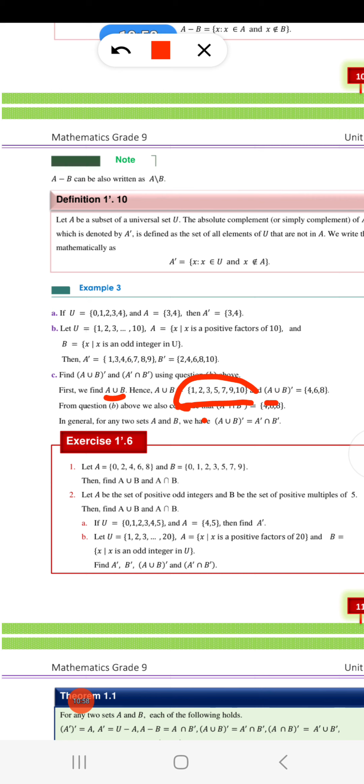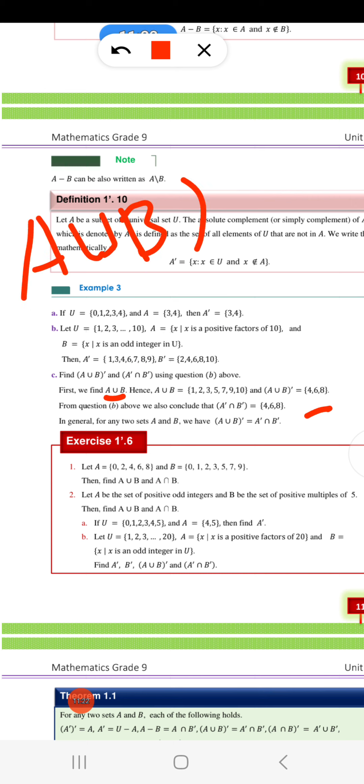A union B prime makoo isaanii keessa kan hin jirre 4 6 fi 8 makoo isaanii keessa kan hin jirredha. Okay, asirra gamma kun jechuun makoo keessa kan hin jirre A union B prime kan jedhamu jechuudha.